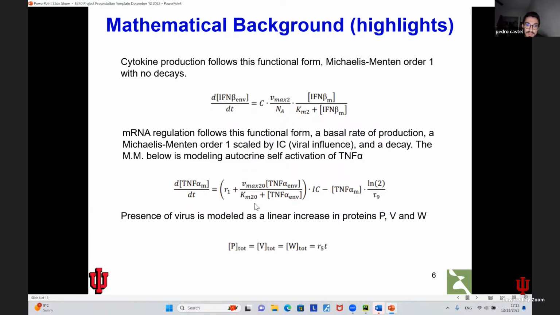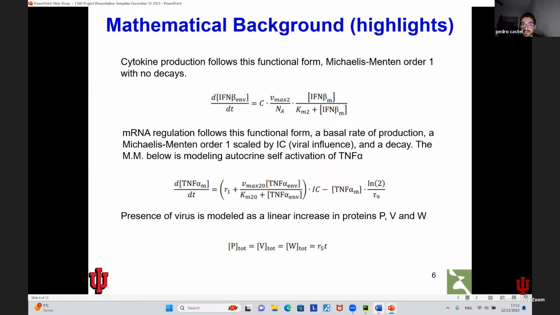As you can see, R1 and the Michaelis-Menten function are multiplied by a coefficient IC. This IC basically multiplies all productions in the equations. So almost all of them. There are a few exceptions.